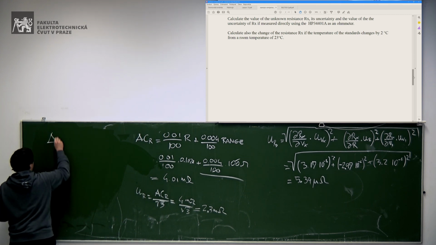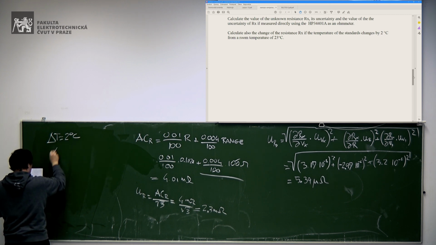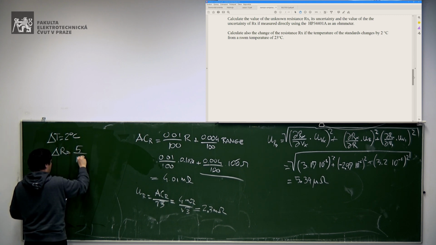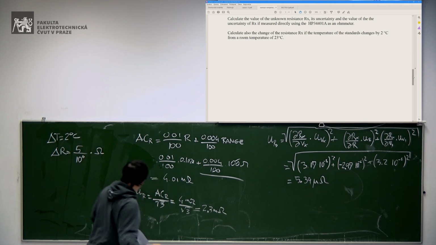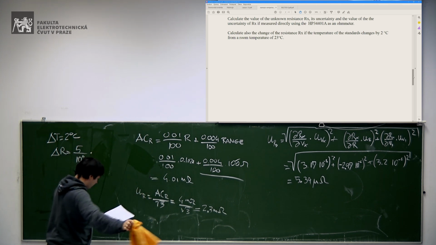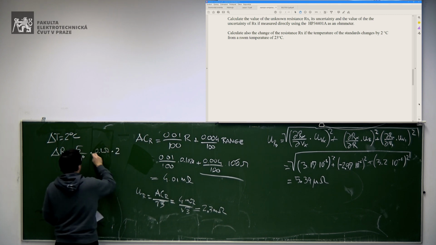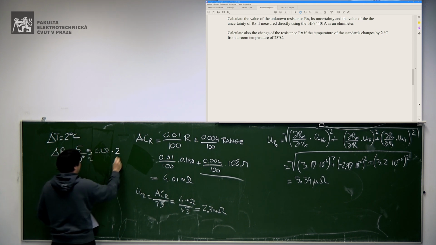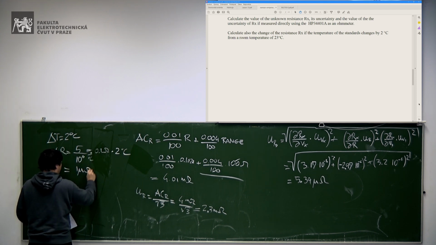If the temperature changes by 2 degrees, then the difference of resistance will be 5 ppm times the resistance itself. So, sorry, it's about 0.1 ohms times 2. So this is parts per million per degree times 2 degrees. So you get about 1 microohm.